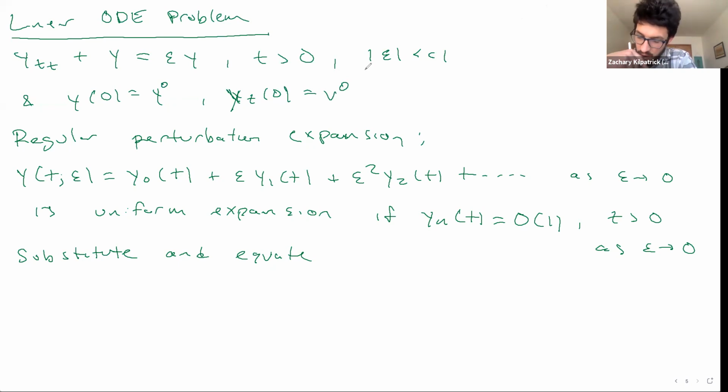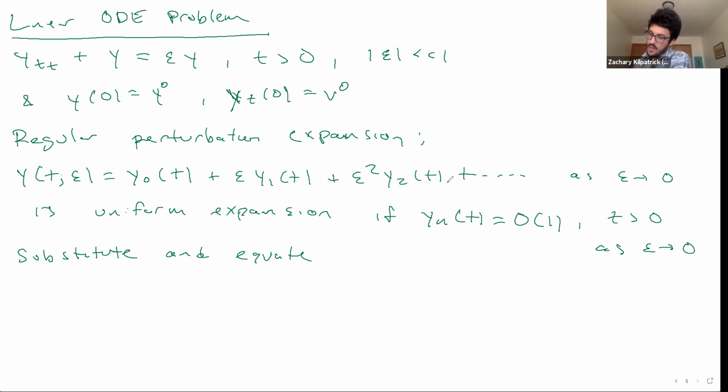I did that in my notes, but then I forgot that I did that here, and I just thought I was crossing something out. So let's use superscripts for the initial condition. Subscripts will be the index of the elements of your regular perturbation.